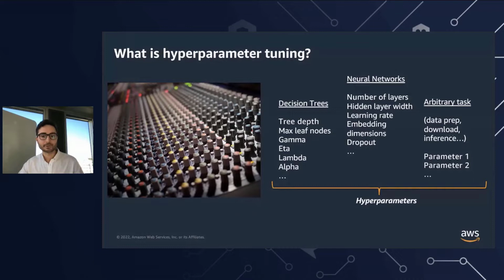What is hyperparameter tuning? We looked at the neural network problem, but this is actually very general. If you have a decision tree model, you also need to tweak manually what is the tree depth, what is the max number of leaf nodes. But really, any arbitrary task doesn't have to be a machine learning model.